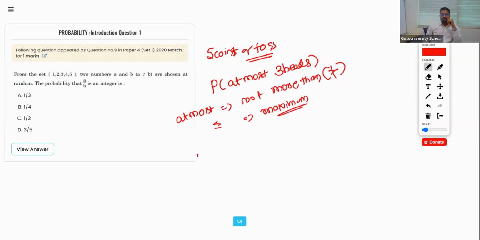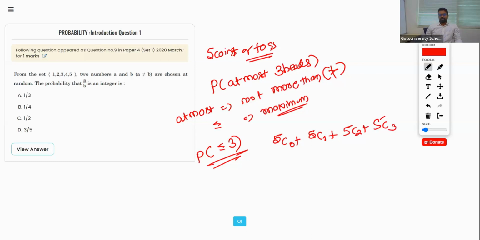So the question is simply the probability of getting at most 3 heads, meaning less than or equal to 3 heads. As we have 5 coins, we can start with no heads, 1 head, 2 heads, and then 3 heads, right? Not more than that. What about the denominator? The denominator is 2 power 5, that is fixed as 32.